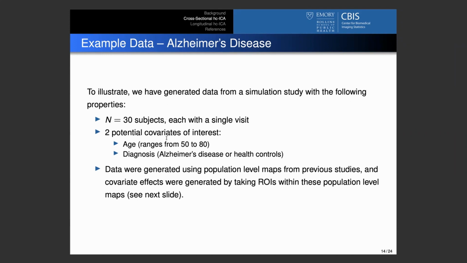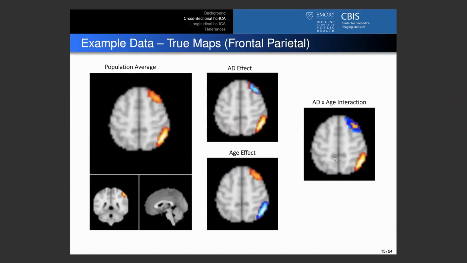Just a small detail here, all of these simulation data were generated using population level maps obtained in previous studies. And we're going to generate the covariate effects by taking regions of interest within those population level maps. So for example, we have a frontal parietal right network here. And we can see what the population average looked like.